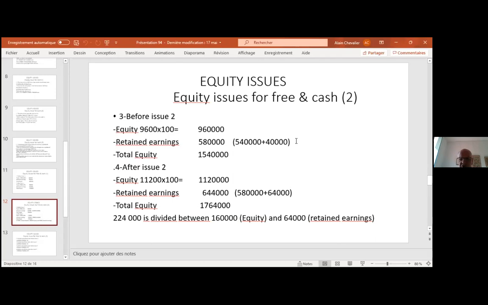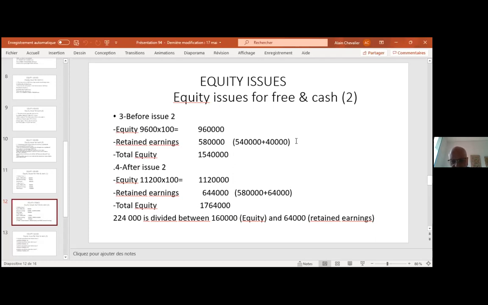When you issued your 1,600 shares, the firm received 140 euros per share. And what's happened with the 140 euros? 100 euros is integrated into the equity.